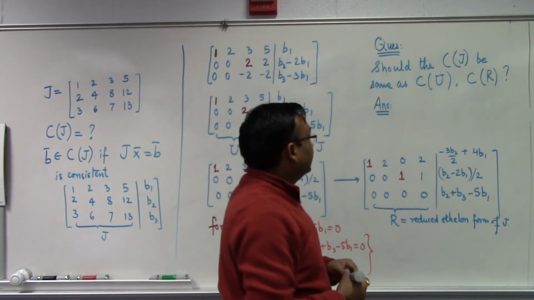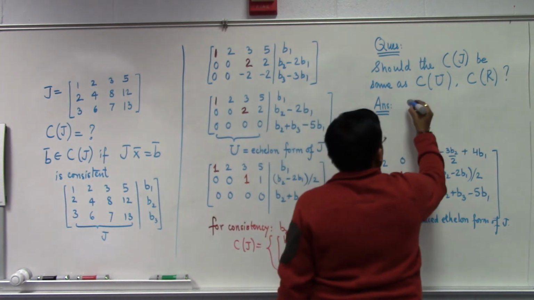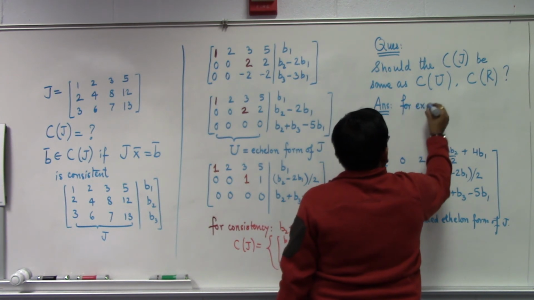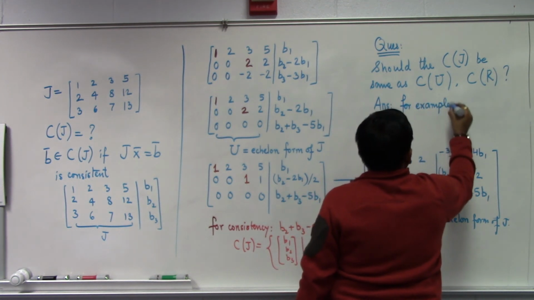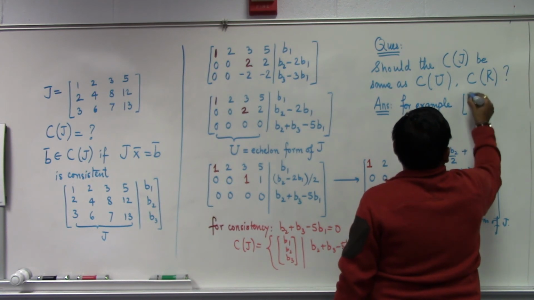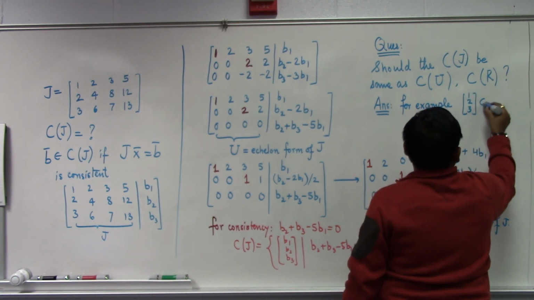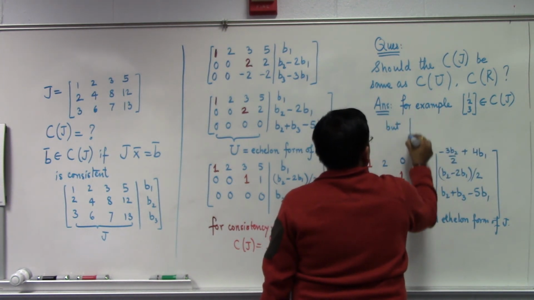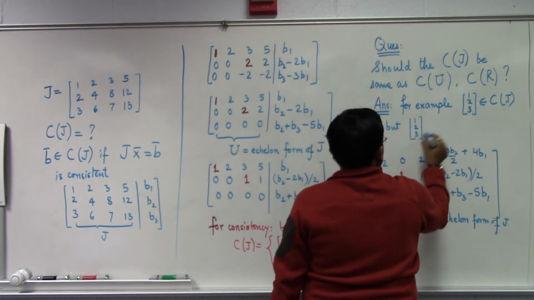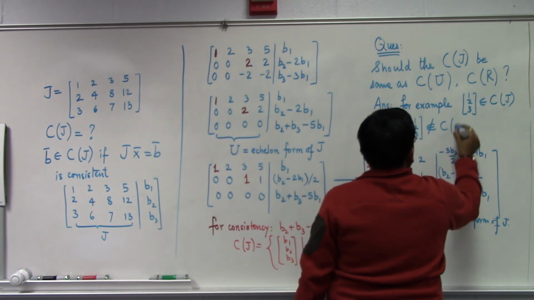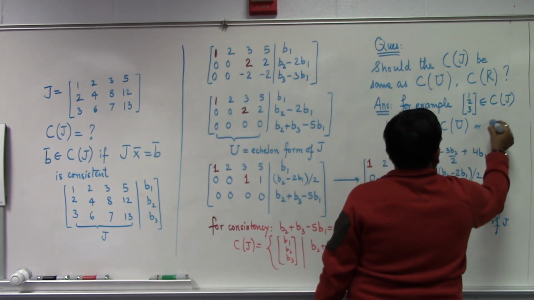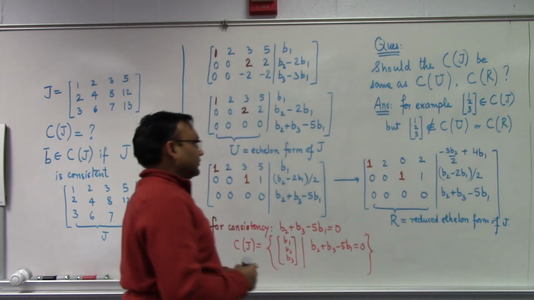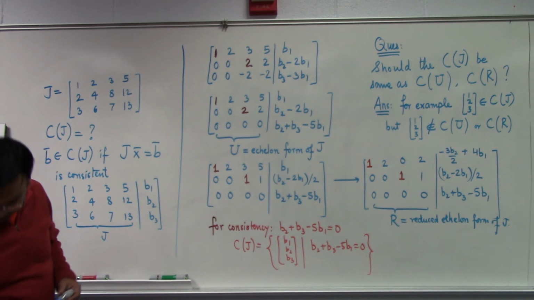Then the column space of J need not be the same as column space of U or R. So here is a concrete reason for us. 1, 2, 3 belongs to the column space of J, but 1, 2, 3 does not belong to the column space of U or the column space of R, because of the last entry being 0.